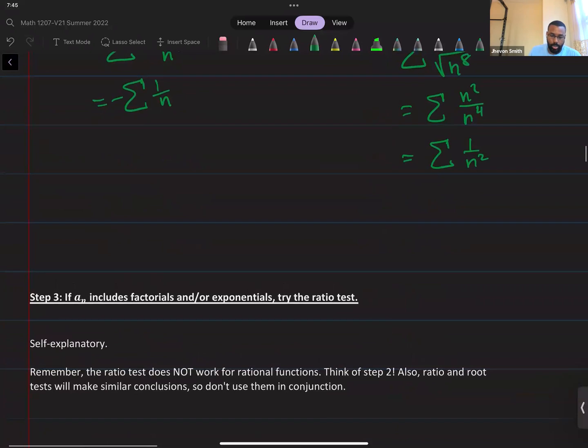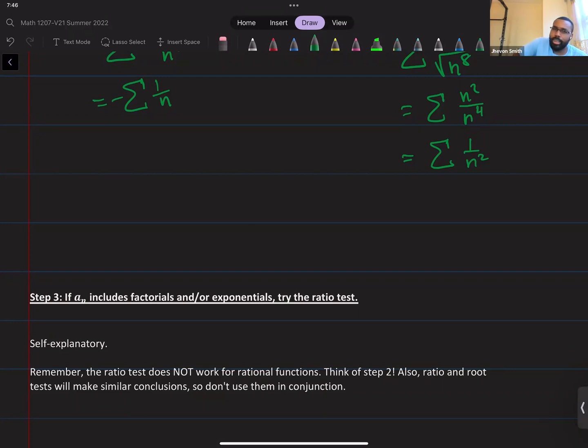Now, here's another one. If the thing you're looking at has factorials or exponentials in it, you'd want to try the ratio test. It's very good at simplifying factorials, as we've seen. Factorials are very difficult to work with directly at this stage. The mathematical machinery we would use to deal with that is something like a gamma function, which you would learn in a higher level class than this one. And even then, it's kind of annoying to work with.